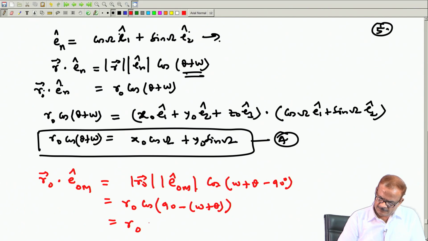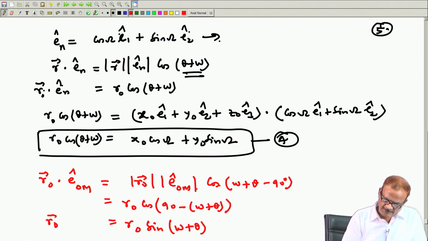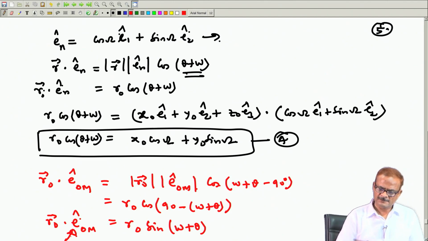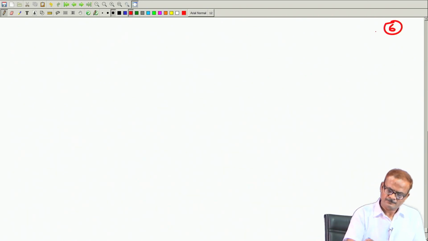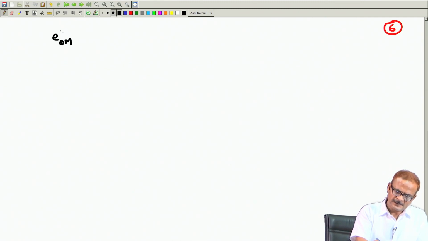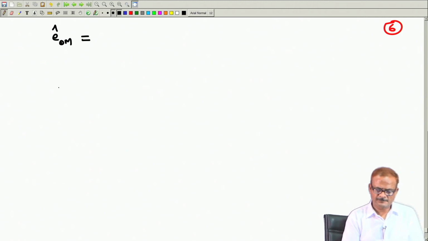So, this is r0 sin(omega plus theta), and on the left hand side this is r0 dot E_OM cap. So, we need to know this E_OM cap. If we know this, then we will be able to work out this problem.